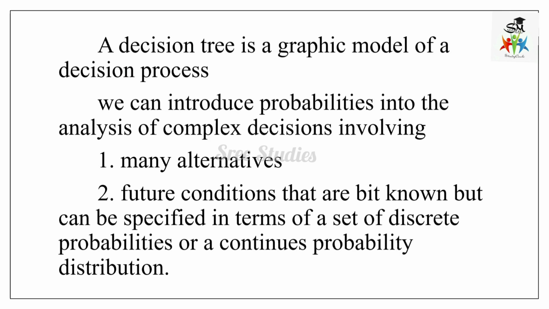That means we come to know a small thing, but in specified terms it may be discrete or continuous probability. In such a case, we have to draw a decision tree.